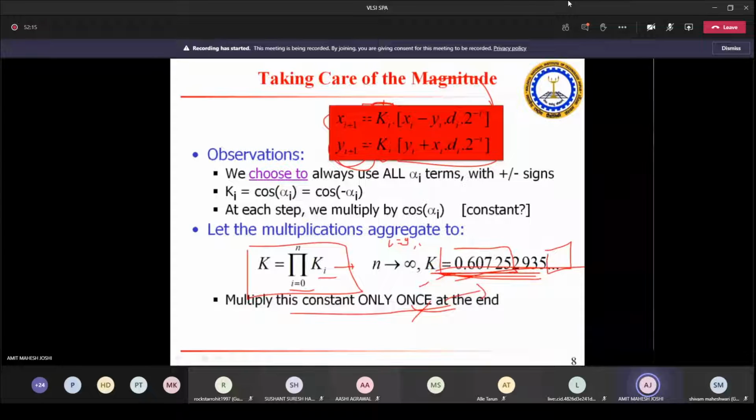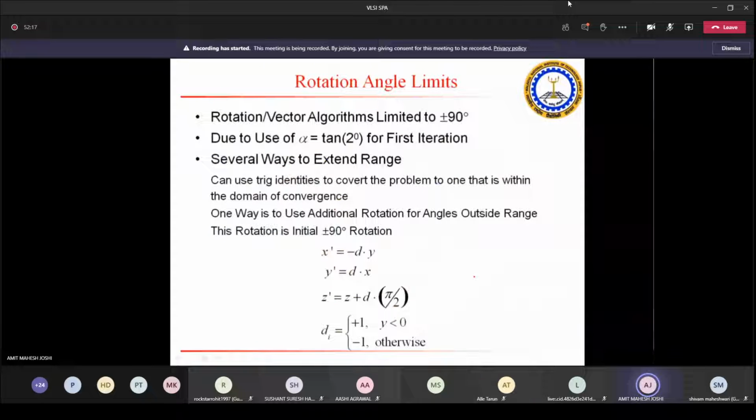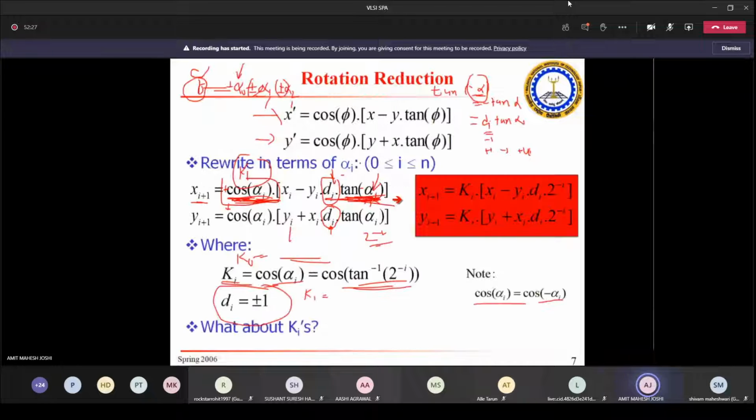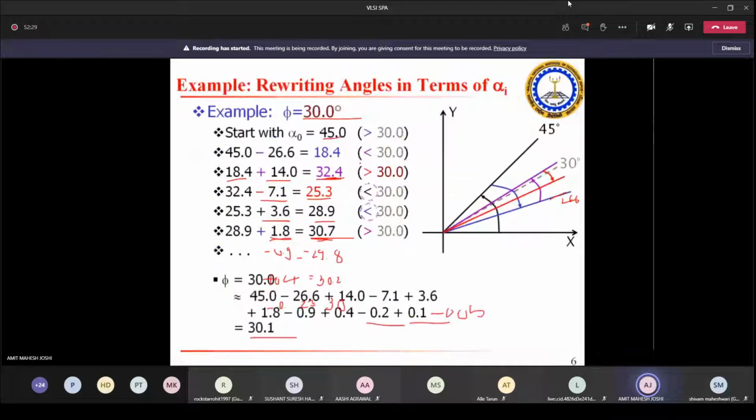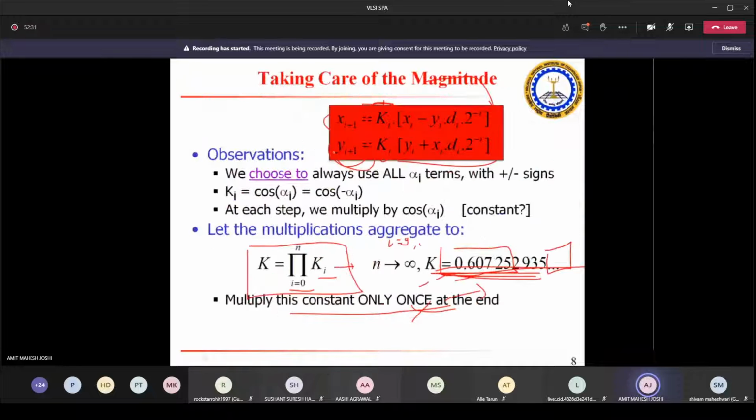Now what another thing that I can do, this is just for your implementation. When I am starting my rotation from 1 0, see what I am trying to do over here.